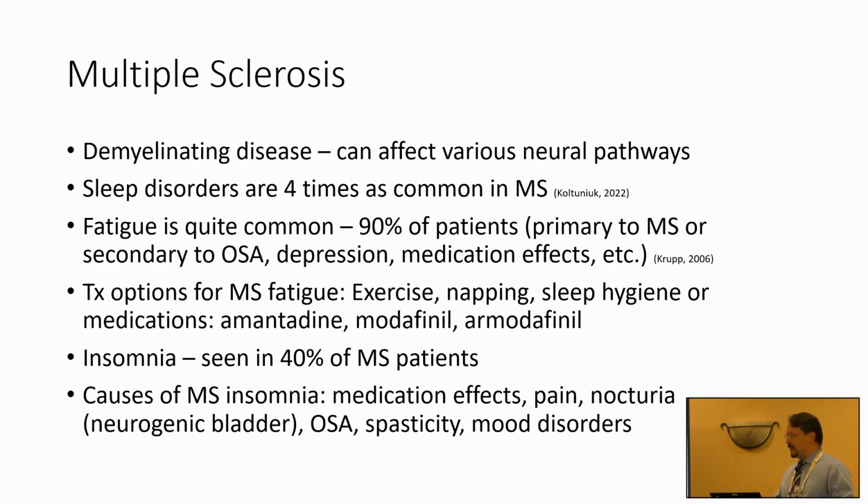So obviously that can be quite painful. And mood disorders, depression, of course, being quite common, and other things too. Certainly anxiety, all of that can interfere with someone's sleep.